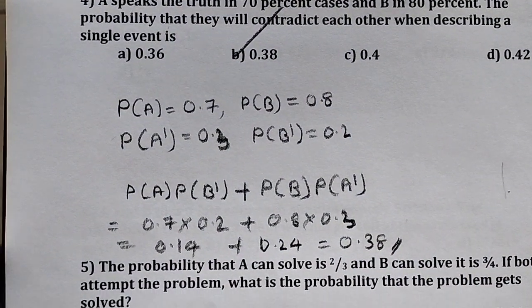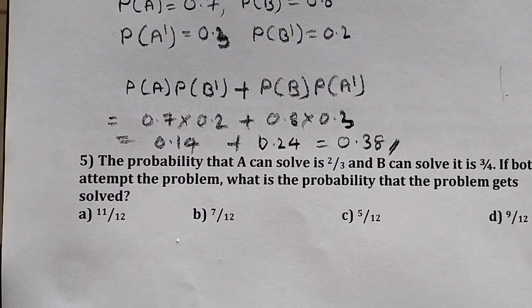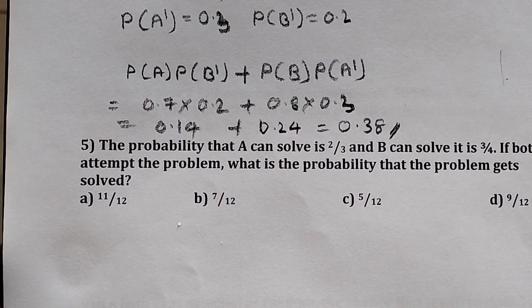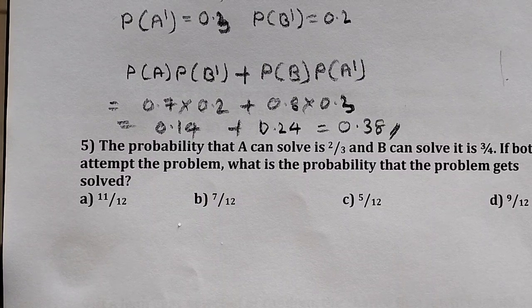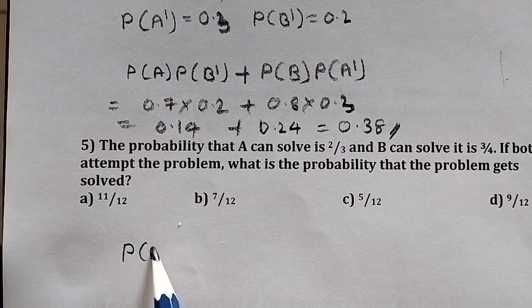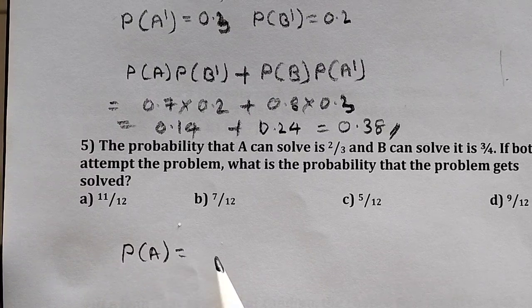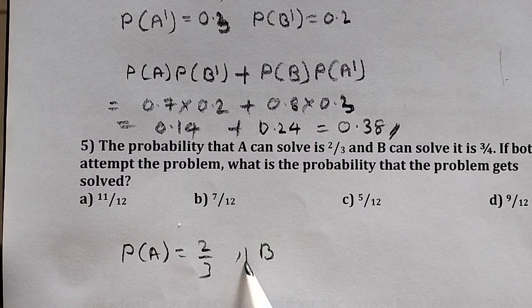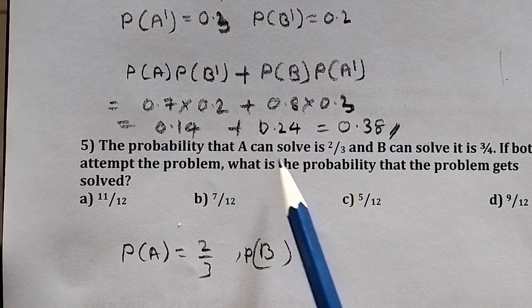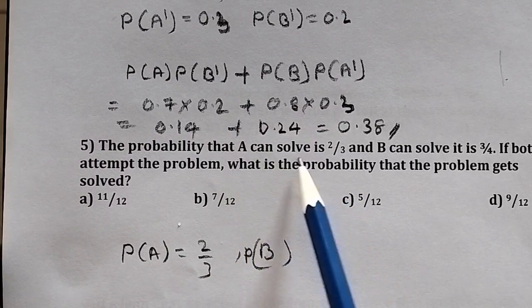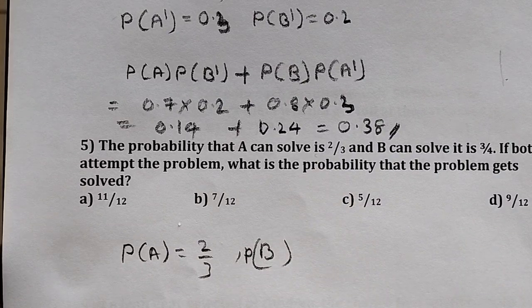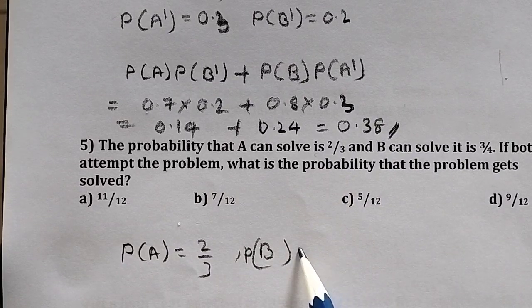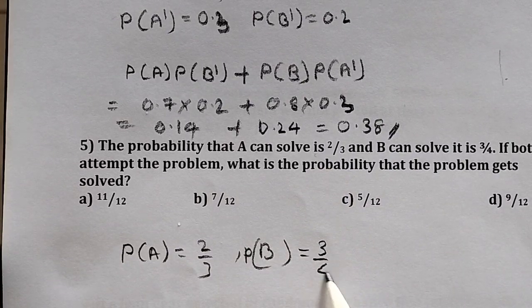Now try to understand. Now coming to question number 5, which is also in the same model. The probability that A can solve the problem is 2/3. The probability that B can solve the same problem is 3/4.